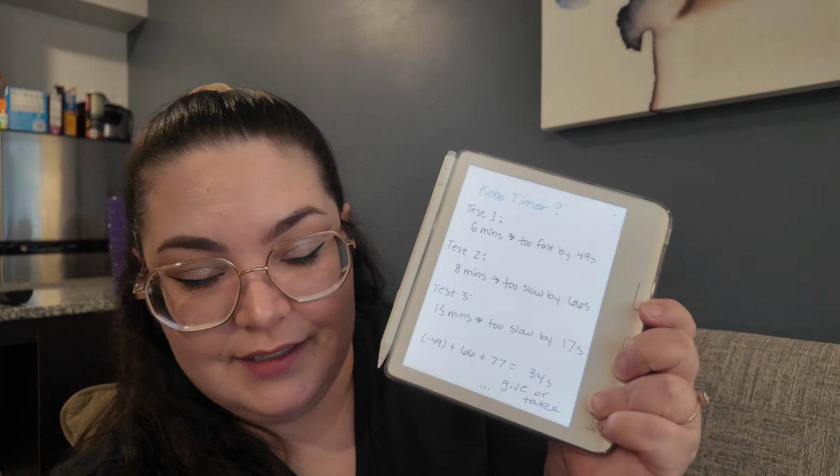And interesting that sometimes you can be reading a little bit slower than it thinks you will, and also a little bit faster than it thinks that you will. But overall, it's accurate within about 40 seconds. So I think that these stats are pretty good.